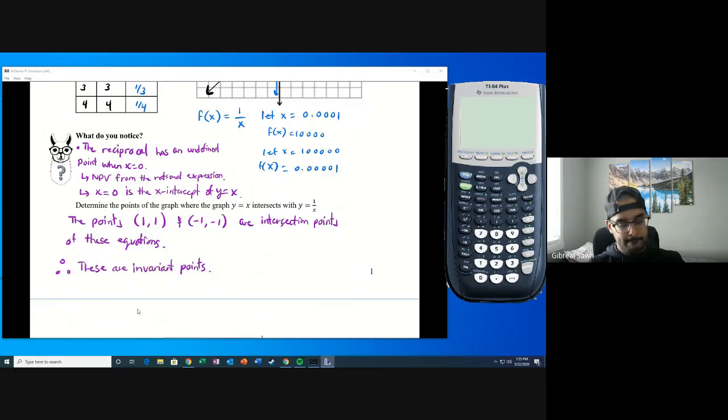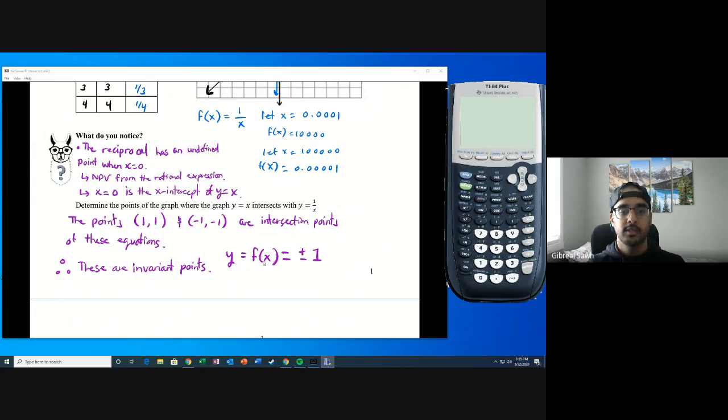Now, we could also say that my original function f of x is going to have invariant points when it's equal to the values of positive or -1. Remember that f of x really is the same thing as saying the output of your function.